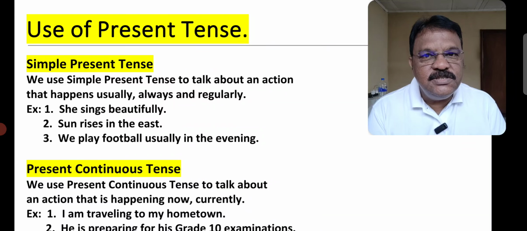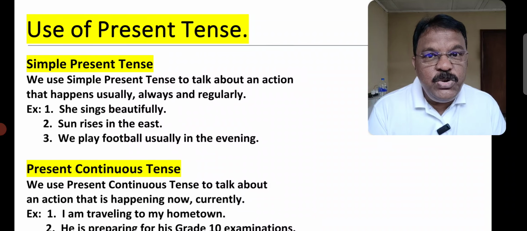Sun rises in the east. My dear friends, when do you think sun rises? Do you think the rising of the sun happens only today? Does it happen only today in the east?